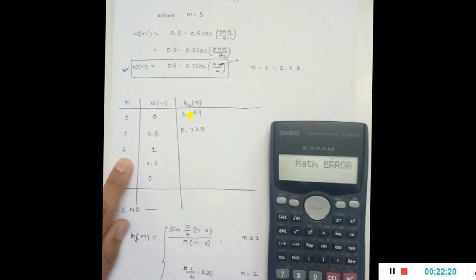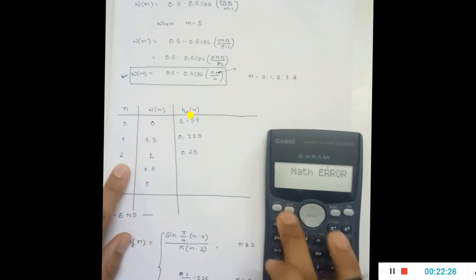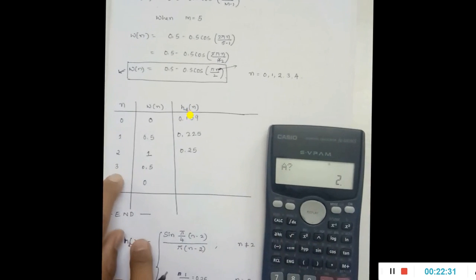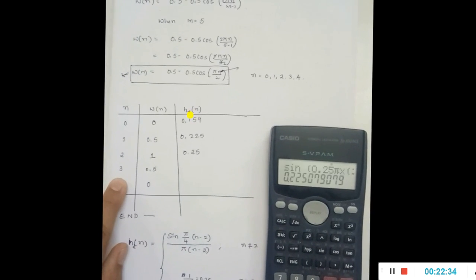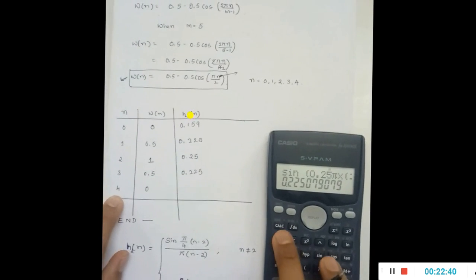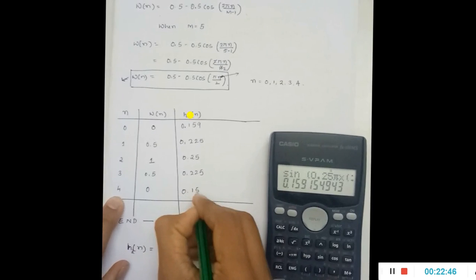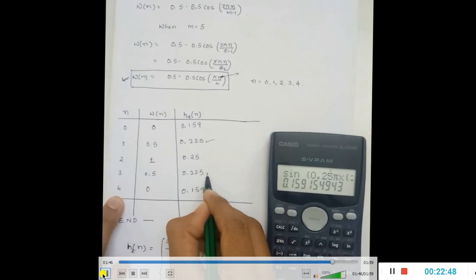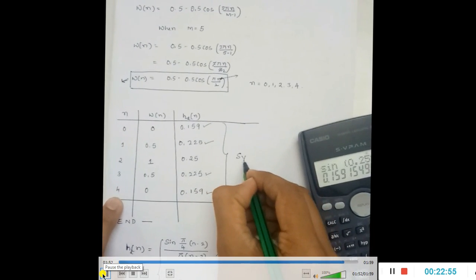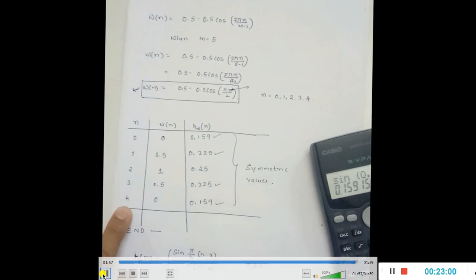For n equal to 2 it will give a math error, because we are going to get 0 by 0 format. So we already calculated n equal to 2 by L'Hospital's rule, it was 0.25. Now n equal to 3 is 0.225, and the last value, n equal to 4, we are going to get 0.159. If you observe, the values of hd of n are symmetric in nature.